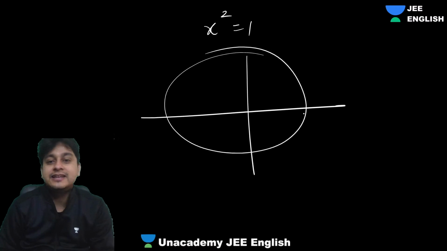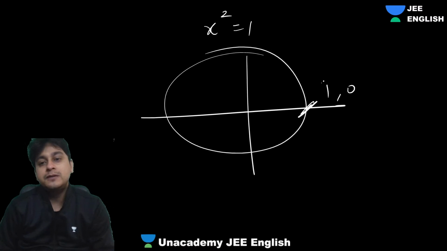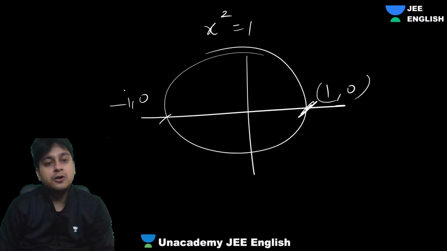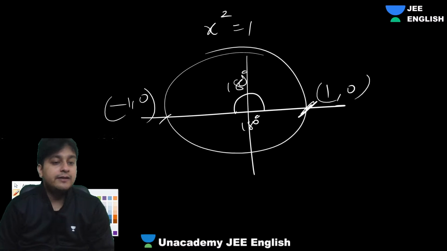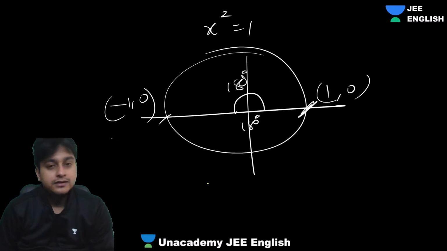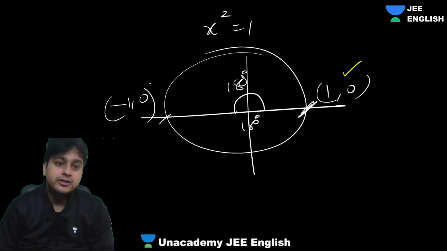Yes, obviously. We'll have only two roots, 1 comma 0 and minus 1 comma 0. So the circle will be divided into two parts, 180 and 180. That's it, because we are calculating x square equals to 1. So the first root will be 1 comma 0, then we'll have minus 1 comma 0. Got it? Okay.